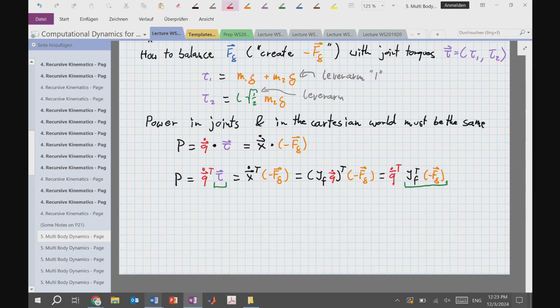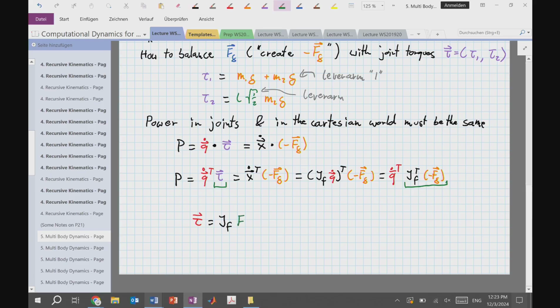And this leads to what I call the Jacobian transposed mapping, where I say that generalized torques, tau, and I change my color scheme a little bit here, because I want to, again, go into this distinction between generalized coordinates. So that's where tau lives. That's where my Q and Q dot live.